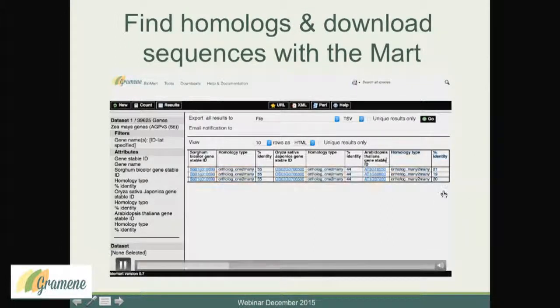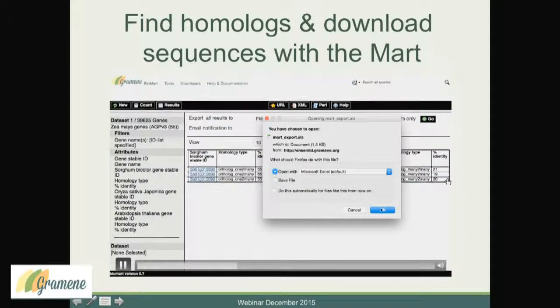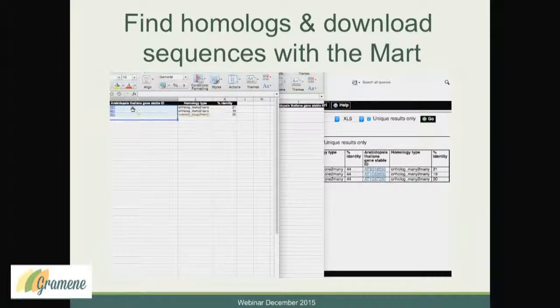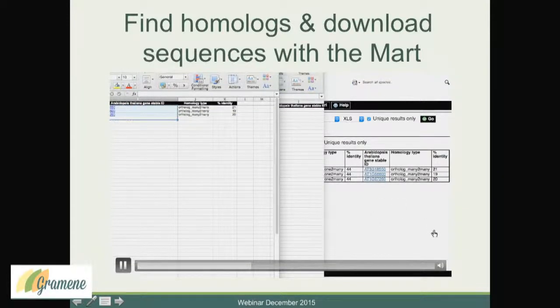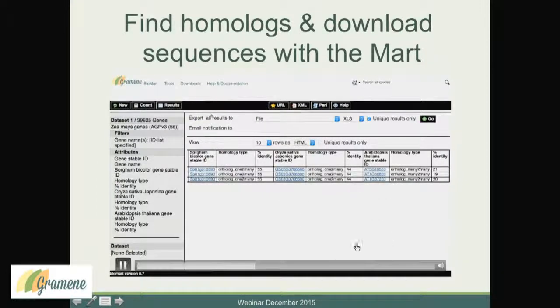You can see the percentage of identity is a lot higher in sorghum, followed by rice and Arabidopsis, not too much, between 19 and 21%. But I am going to copy paste those 3 Arabidopsis genes, and the last thing I'm going to show you in this little demo is how to get sequences for them.